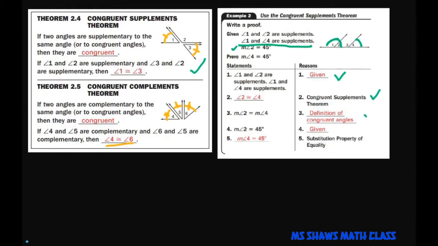That's the definition of congruent angles. And if we have measure of angle 2 equals 45, the measure of angle 4 is 45, because all I'm doing is substituting. Since these two are equal, I can easily write this as measure of angle 4 equals 45 degrees.